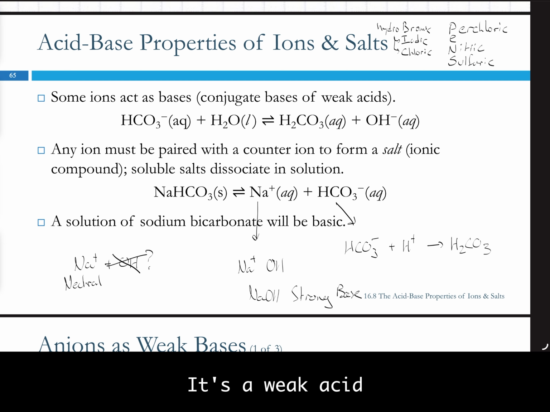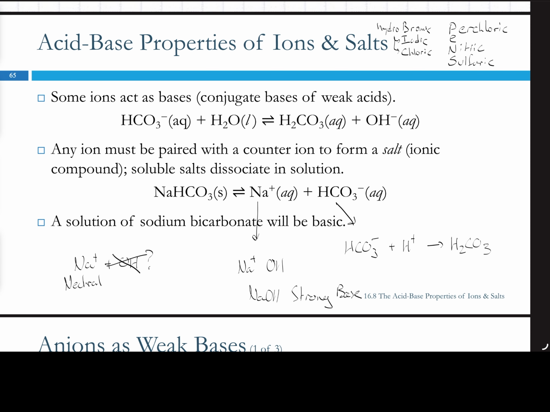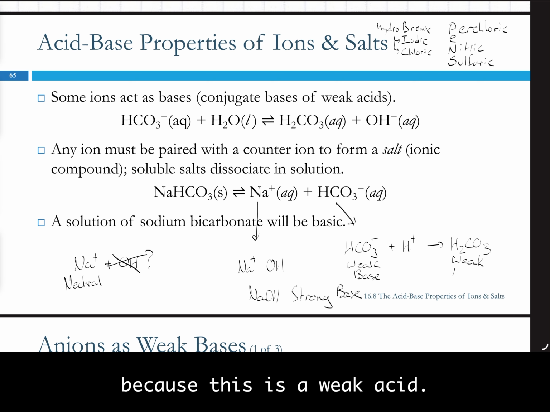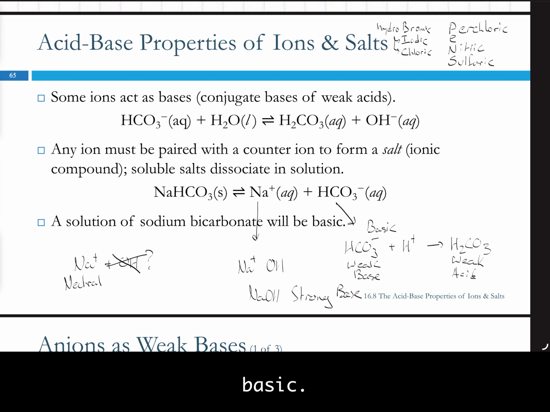It's the conjugate base of a weak acid. So this is actually a weak base, because this is a weak acid. And so a hydrogen carbonate will make the solution basic.